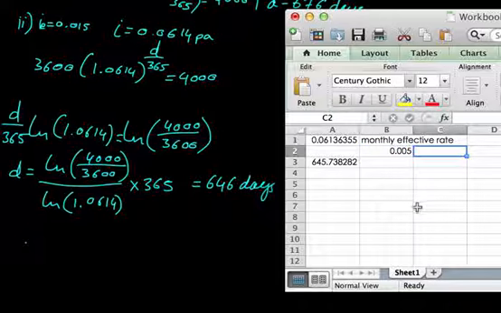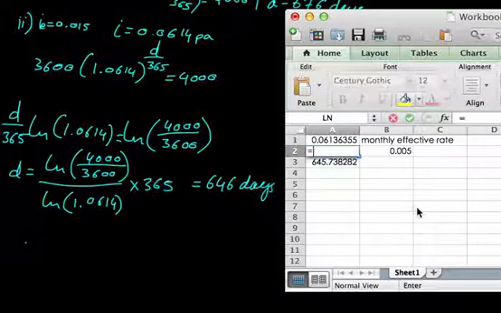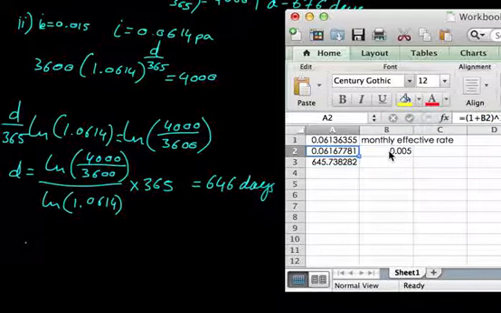So let's find out the annual effective rate: 1 plus that bit there, to the power of 12, minus 1 from the whole thing. We get a slightly higher effective rate because we're compounding over more periods, so that's more interest earned on more interest.